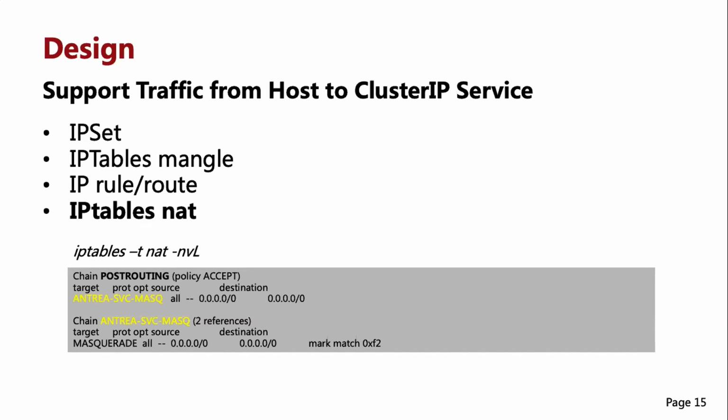Okay, so it's for all traffic or specific traffic? Specific traffic, marked with 0xF2. I mean, is it for all service access traffic or some special service access traffic like hopping traffic?